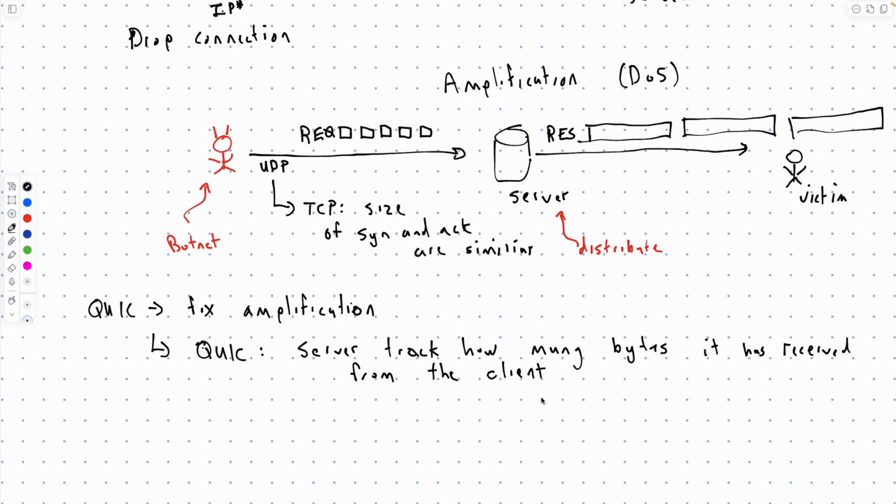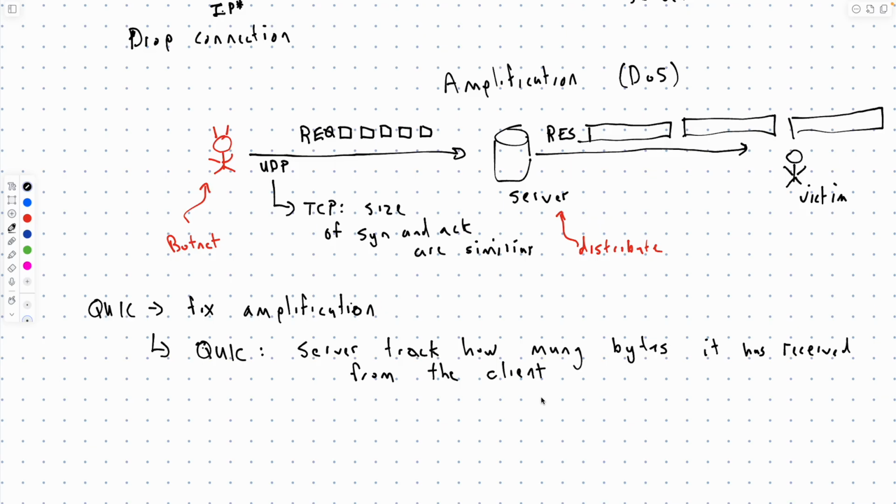So the client says, hi, I want to talk HTTPS, here's my DC ID, and so on. That is a certain number of kilobytes. The server will remember that.